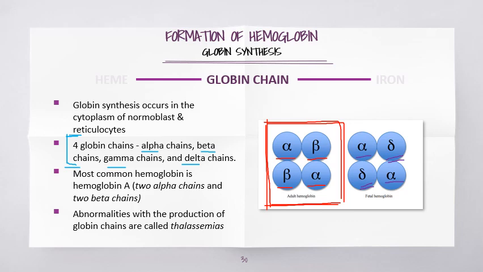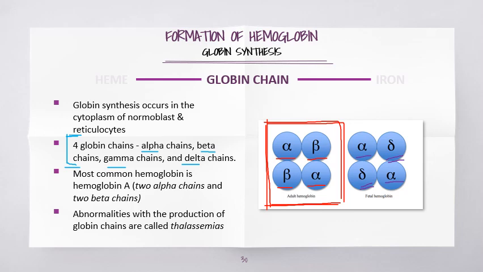But what I want you to remember now is that in an adult, the most common hemoglobin is hemoglobin A, which is composed of 2 alpha and 2 beta. Okay? Any abnormalities with the production of the globin chains are what we call thalassemias.